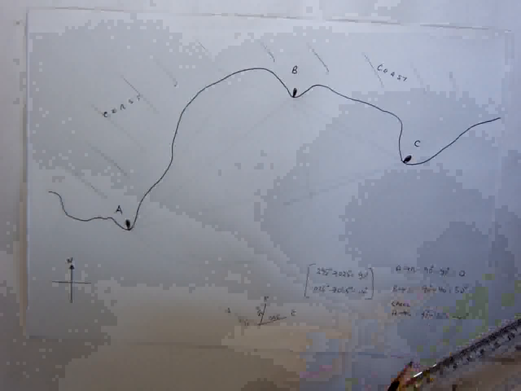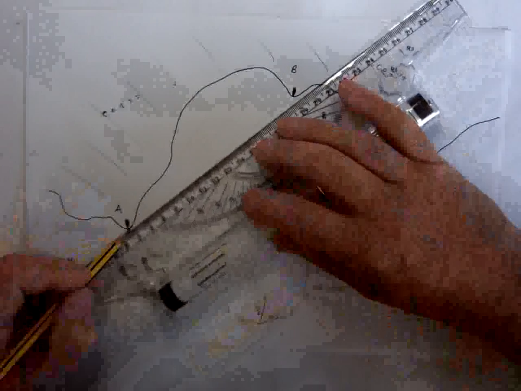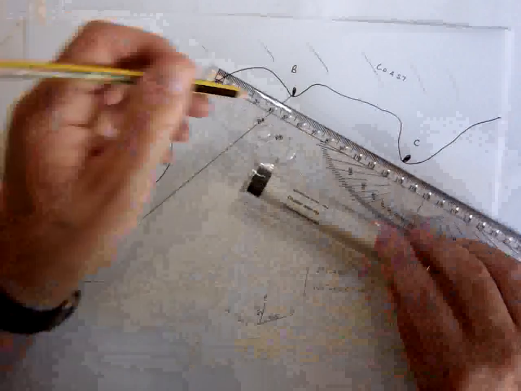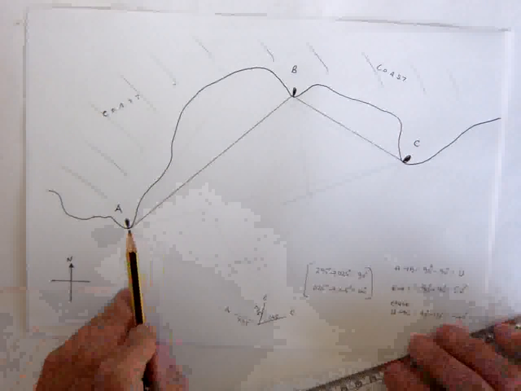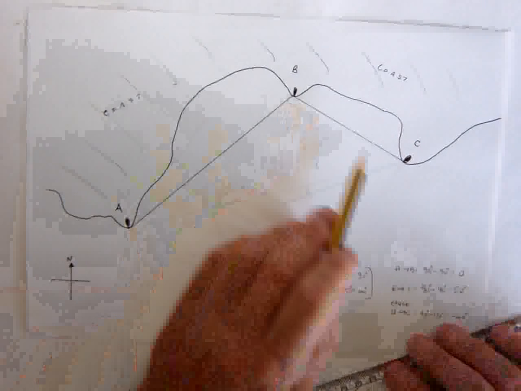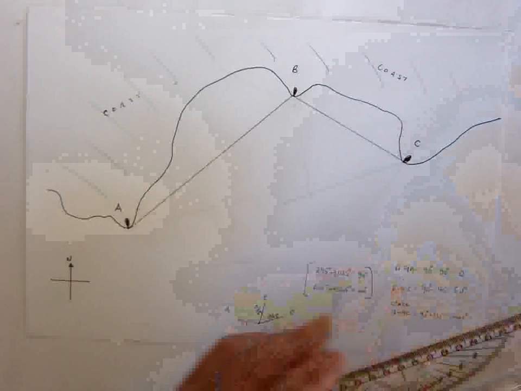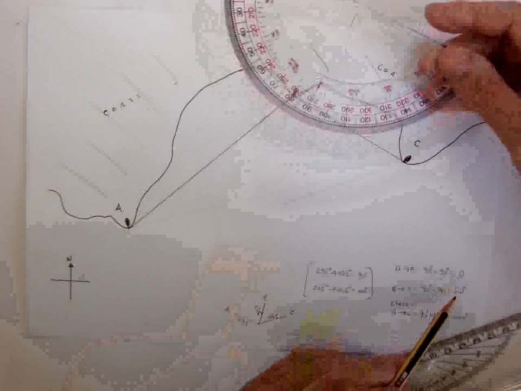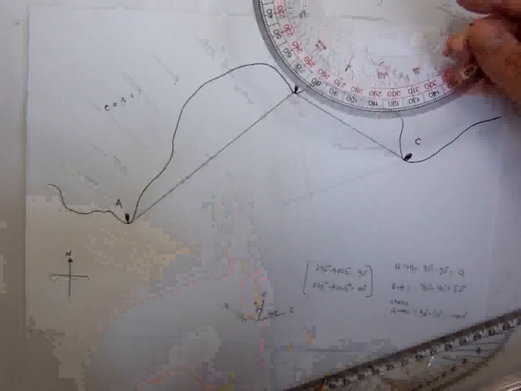Okay, so the first thing we do, we draw a baseline between A and B, and we draw a baseline between lights B and C. So on the chart you join up A and B and C. And we get a protractor and we have to put the angles of 0 degrees and 50 degrees on our chart.